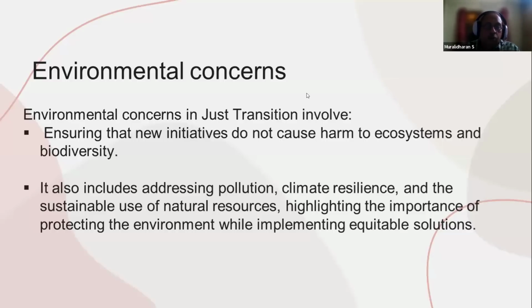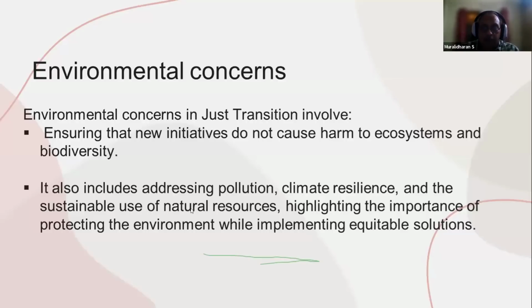So it also includes addressing pollution, climate resilience, sustainable use of resources. So this is very important when we look at it. Now, water is a natural resource. Now it's becoming a big problem, and it is likely to become a greater problem in the days to come during summer. So utilization of water is something very important.